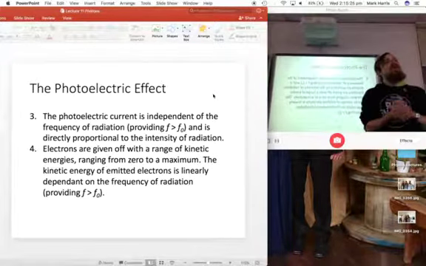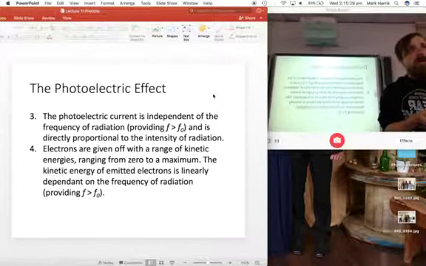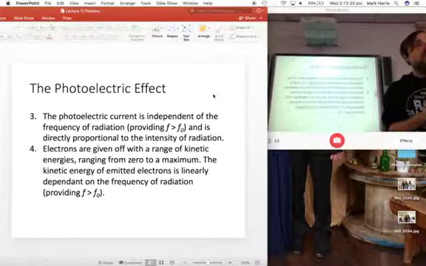To go back to what we were saying just before, you don't get more electrons when you turn it up to violet or indigo or whatever. So disregard what I just said. But they do have more energy. Yes, you get more energy.